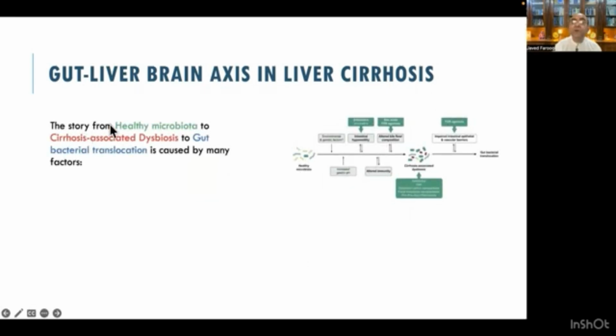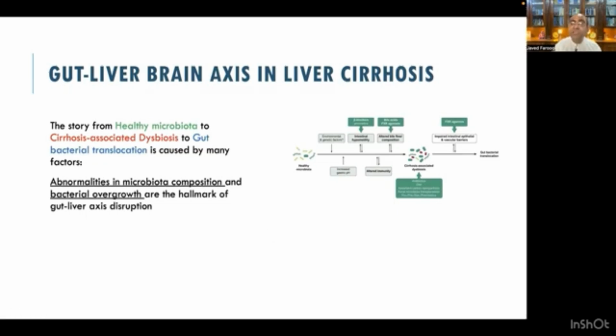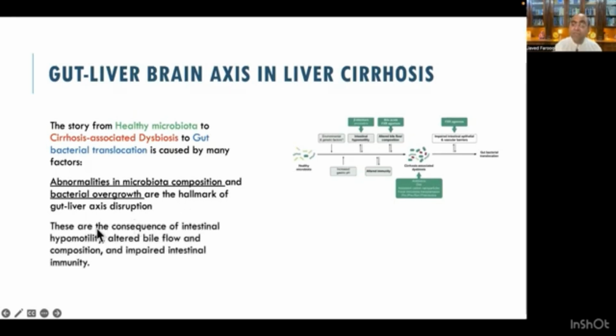So the story from healthy microbiota to cirrhosis-associated dysbiosis to gut bacterial translocation is caused by many factors. There are so many factors which lead to this dysbiosis. Abnormalities in microbiota composition and bacterial overgrowth are the hallmark of gut-liver axis disruption. These are the consequences of intestinal hypomotility, altered bile flow and composition, and impaired intestinal immunity.